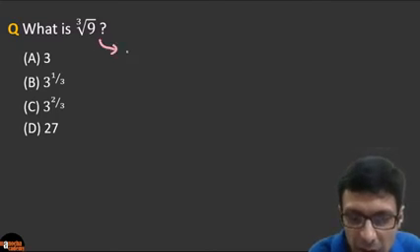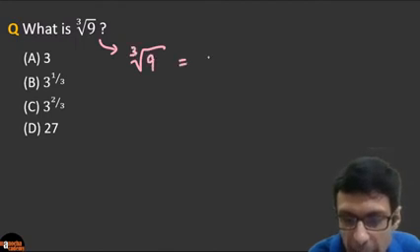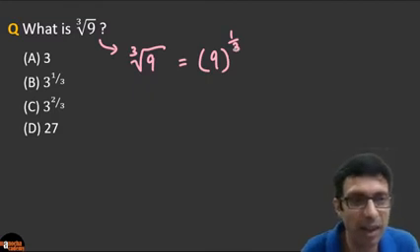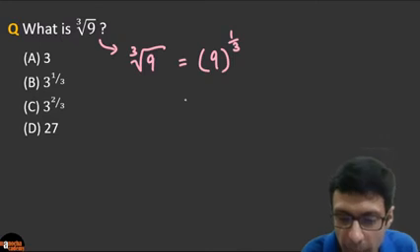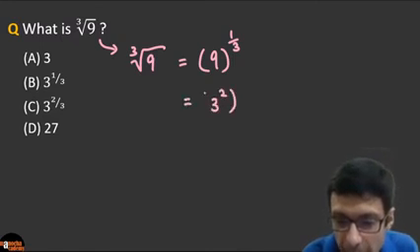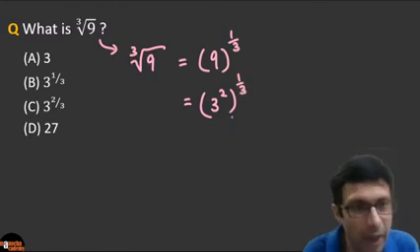Let's work it out. So when we are writing cube root of 9, what do we really mean? It's 9 to the power 1 by 3, because cube root means to the power 1 by 3. And what is 9 in terms of exponents? 3 squared, to the power 1 by 3, right, guys?